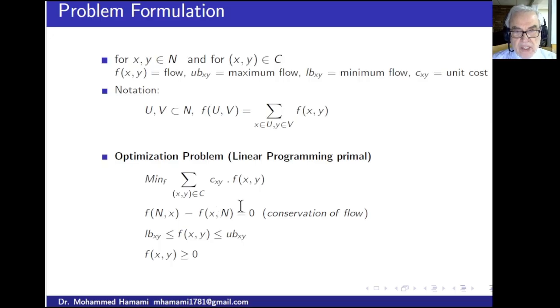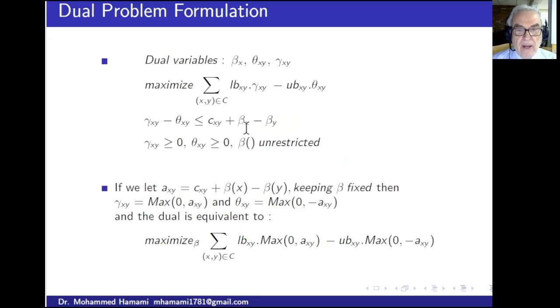For each xy arc, it's going to appear in the constraint corresponding to the x node with a coefficient of -1, and it's going to appear in the constraint corresponding to the y node with a coefficient of 1. That's why you have beta x minus beta y. And then, of course, we have gamma greater than or equal to 0, theta greater than or equal to 0, and the beta numbers are unrestricted. So this is the dual.